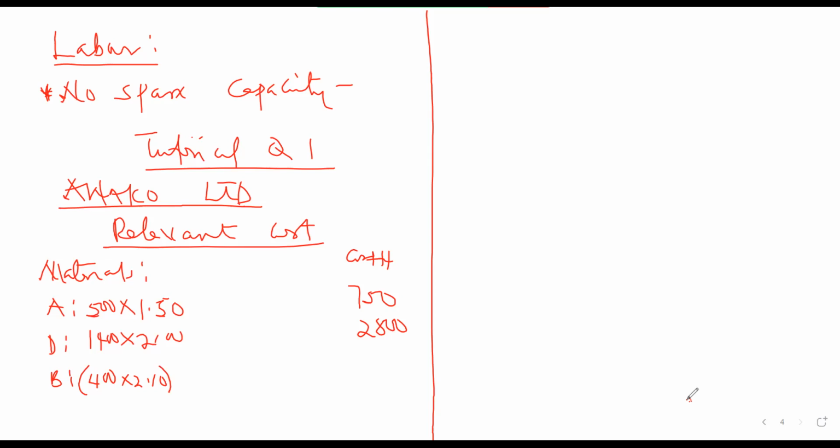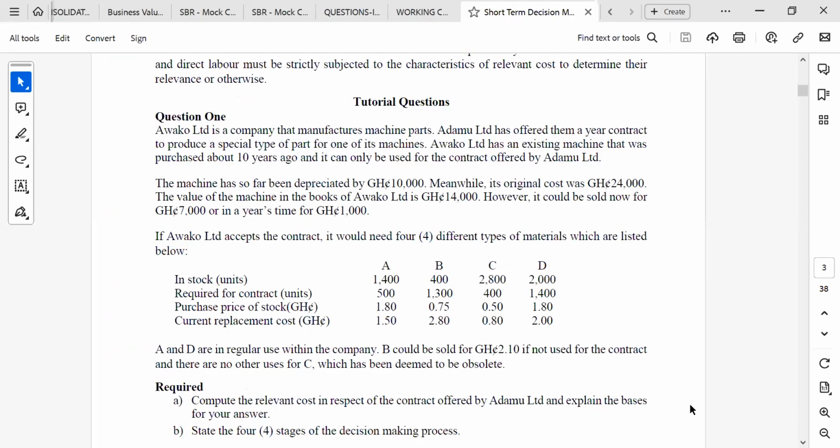So if you want us to use it, then you have to give us the amount that we are going to sell it. Then plus the 900, because we need 1,300, the 900 multiplied by what? This one we are going to buy, so we use the purchase price. We are going to buy it. So we use the purchase price of what? 2.8.